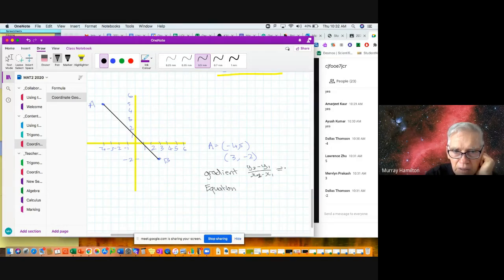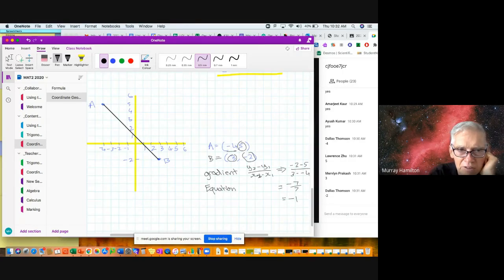So this becomes y2 is negative 2 minus 5, over x2, 3 minus negative 4. Now make sure you put that double negative in there. So that's negative 7 over 7, which equals negative 1. So I should be going down 1 along 1 for this, down 1 along 1.